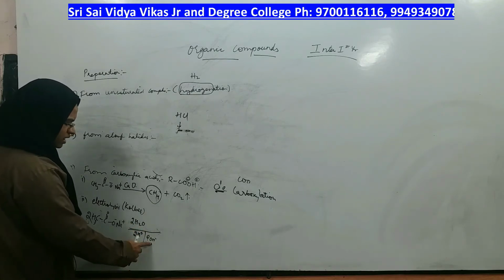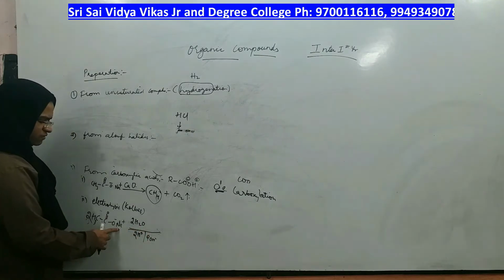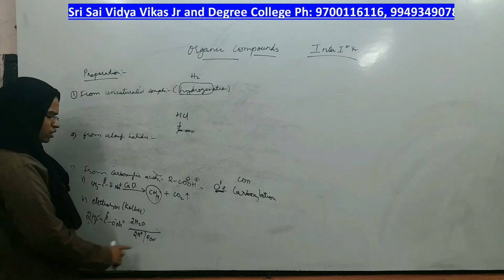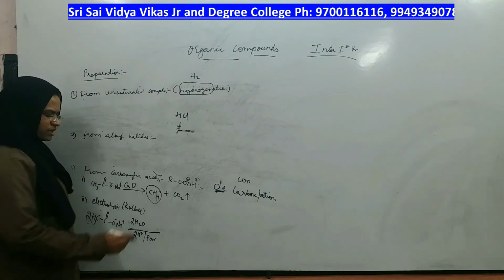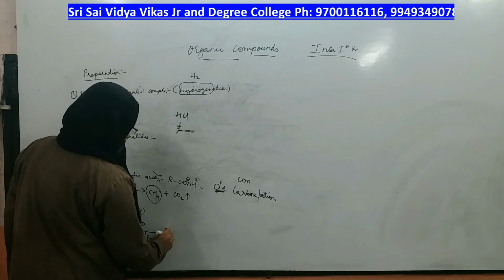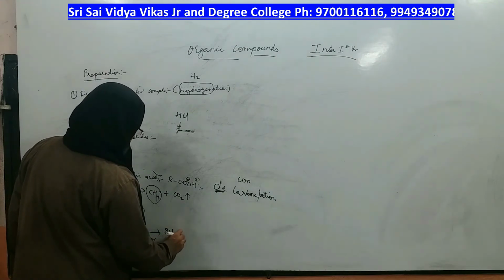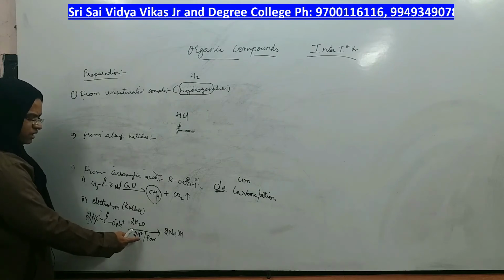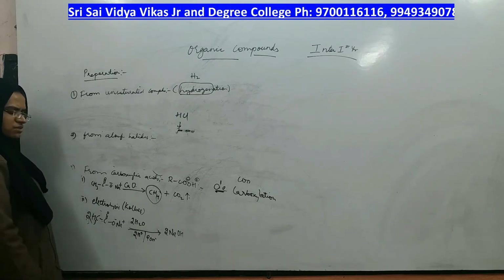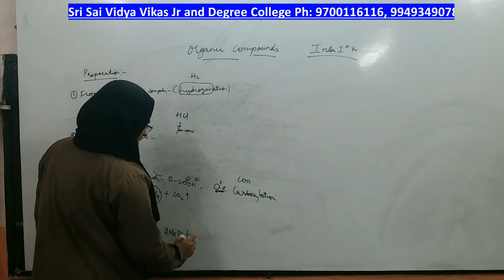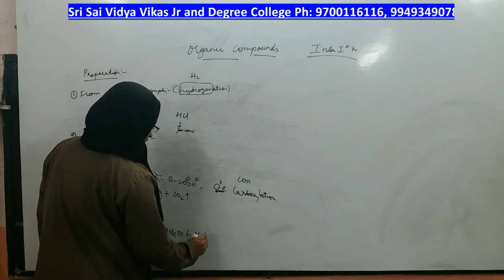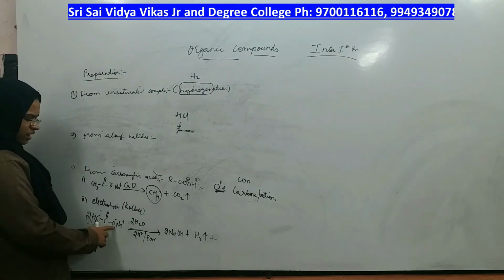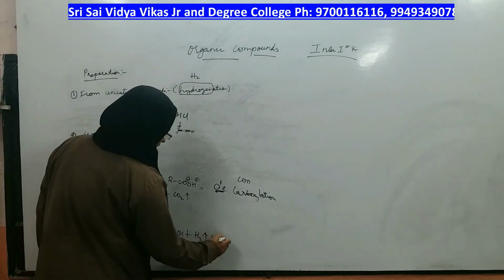These OH minus ions from water will combine with Na plus to give what? NaOH. How many Na plus are present? 2. How many OH minus are there? 2. So how many NaOH will be formed? 2 NaOH. That is electrolysis, in which cations will combine with each other. H plus and H plus combine with each other by undergoing reduction to give you hydrogen gas, right? And carbon dioxide will be liberated.